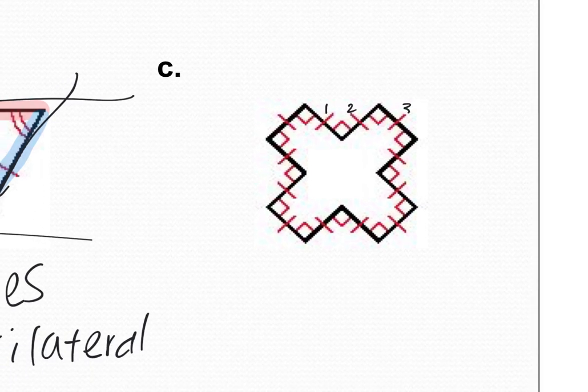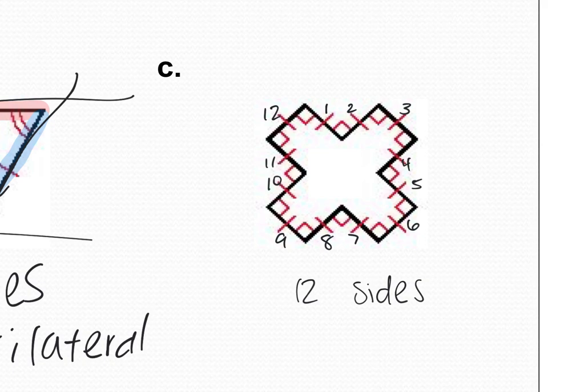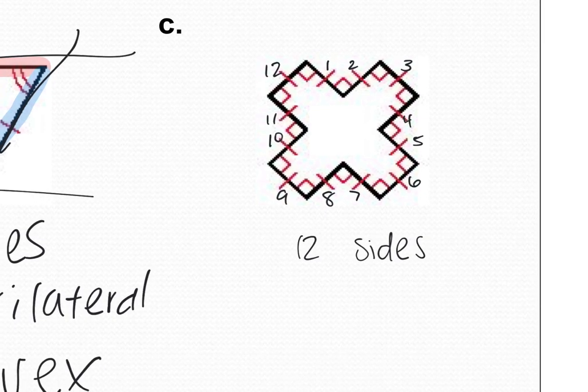One, 2, 3, 4, 5, 6, 7, 8, 9, 10, 11, 12. Did we count 12 sides? Yeah. So 12 sides means it's what kind of figure? It's a 12gon, correct? No. What is it called? It's a dodecagon.